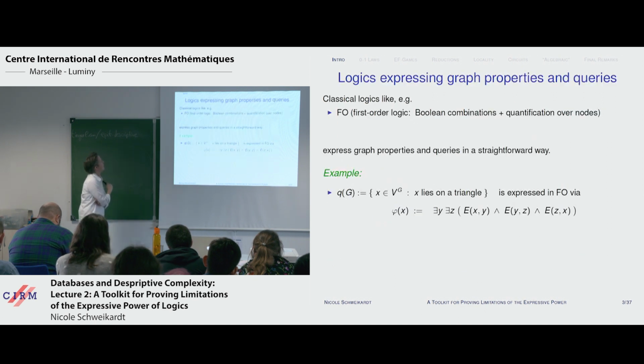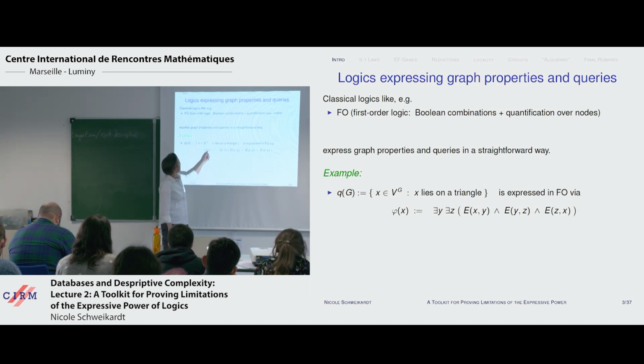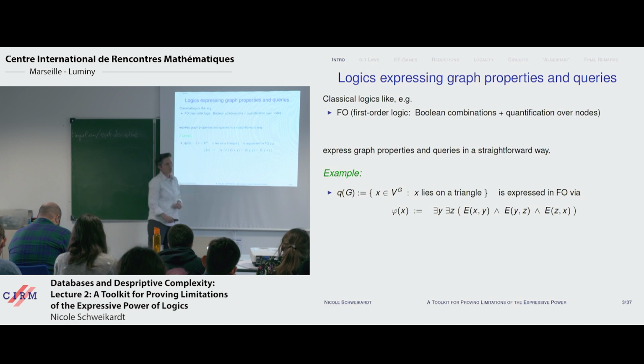Okay. And now you know logics expressing graph properties or queries. Here are just 2 examples. The query which returns all nodes x that lie on a triangle. You can express it like this. X is in the query result if there exist nodes y and z such that they form a triangle.